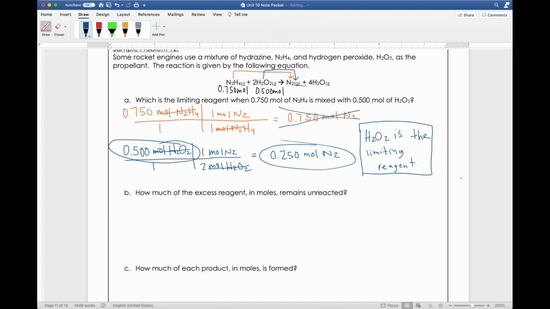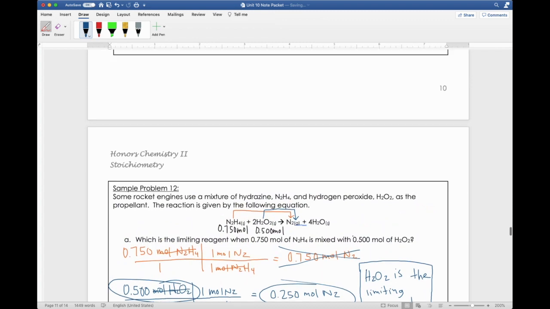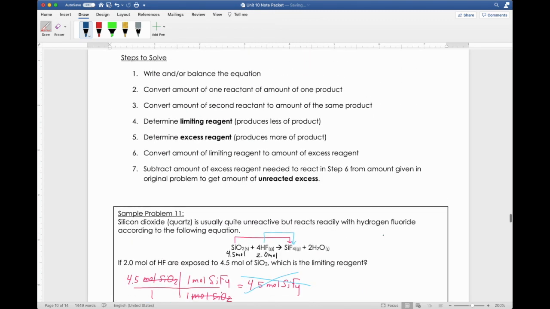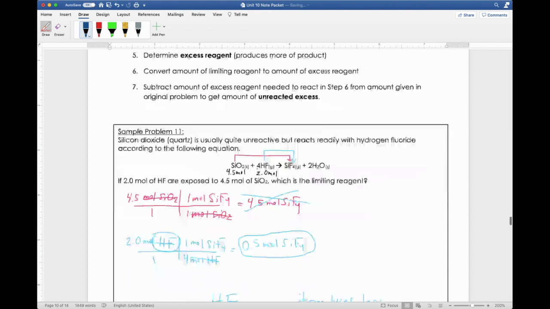How much of the excess reagent in moles remains unreacted? So we have to go back to these steps here. And let's scroll back up. So we want to know how much unreacted excess is left over. And in order to do that, we have to convert the amount of limiting to the amount of excess.